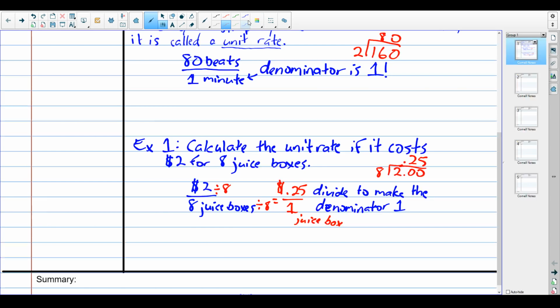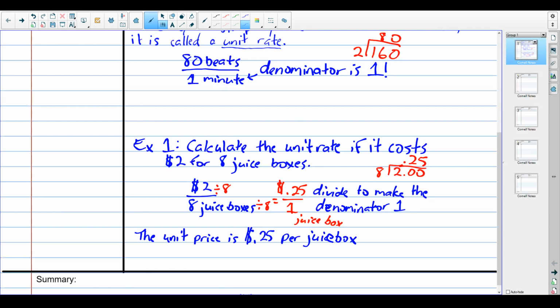Oh, I'm supposed to write that. The unit rate, in this case since it's money, unit price is 25 cents per juice box. Oof. My E's are out of control today.